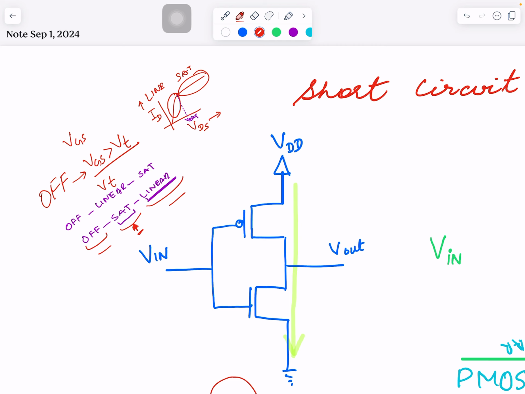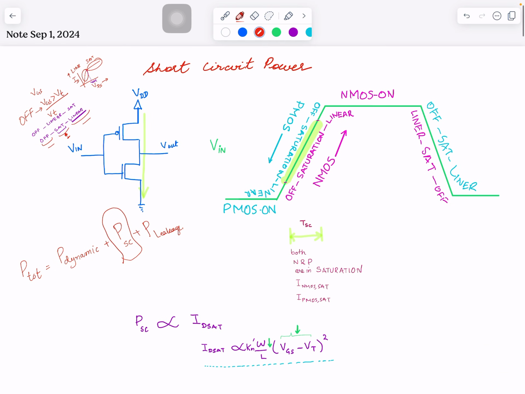Okay, the reason I explained that is because where I'm getting into is the same thing. Input was 0, PMOS was on, and this blue is showing the PMOS change of operation. What happens as it goes from 0 to 1?